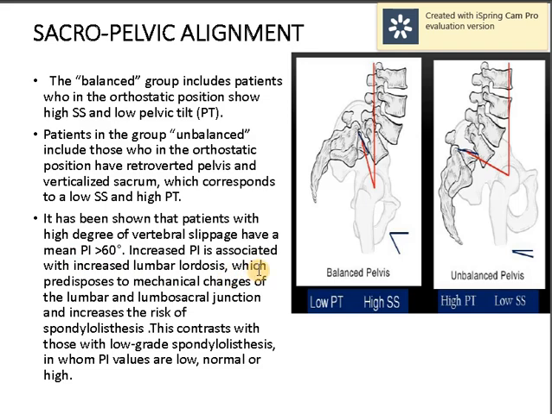Increased PI is associated with increased lumbar lordosis, which predisposes to mechanical changes of the lumbar and lumbosacral junction and increases the risk of spondylolisthesis. This contrasts with those of low-grade spondylolisthesis in whom PI values are low, normal, or high.